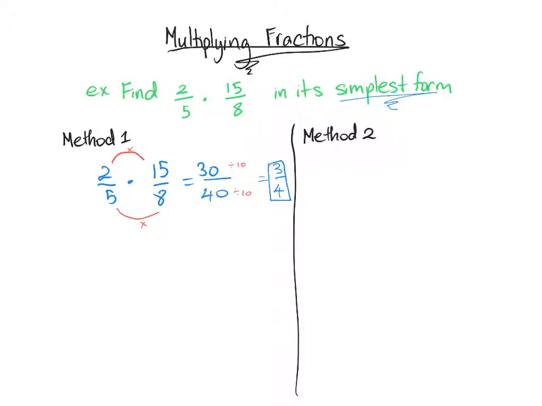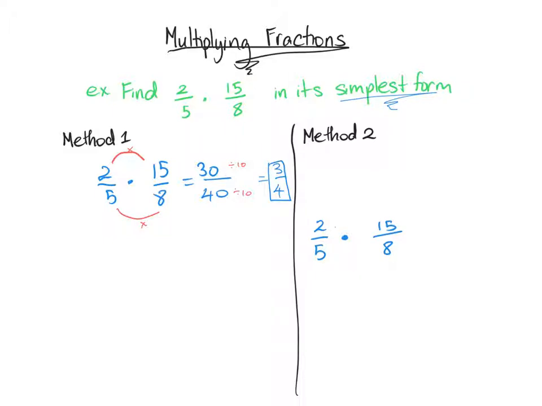Alright, so the second method, which we'll do down here so we don't get confused, 2/5 times 15 over 8. I'm doing the same exact problem, just in a different way. Alright, so the cool thing here is if you are multiplying, and only multiplying, you can simplify across that operation.